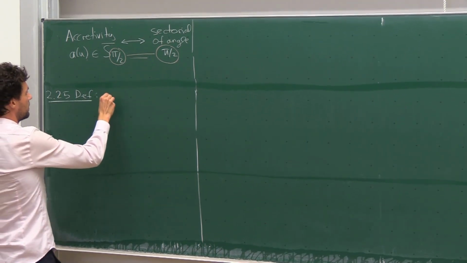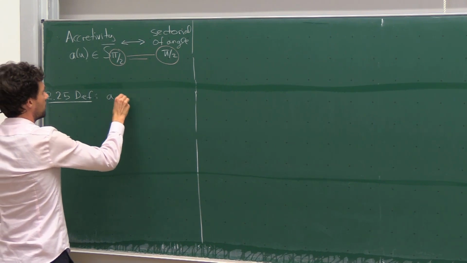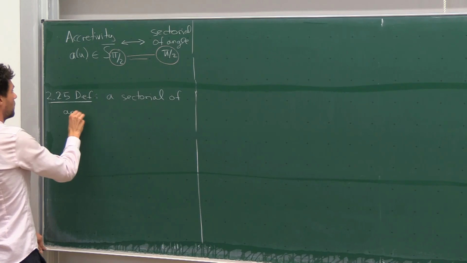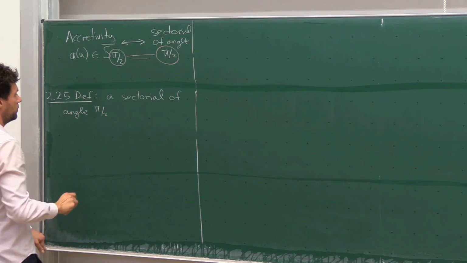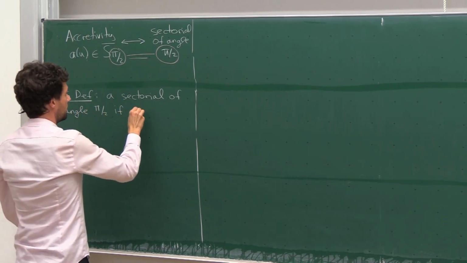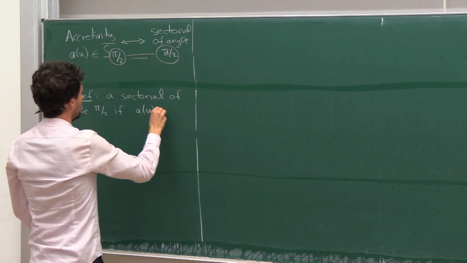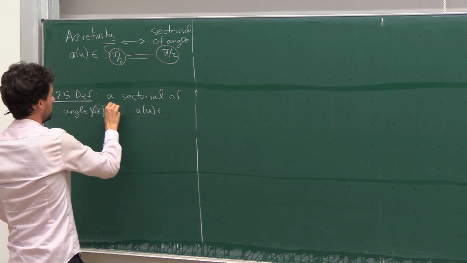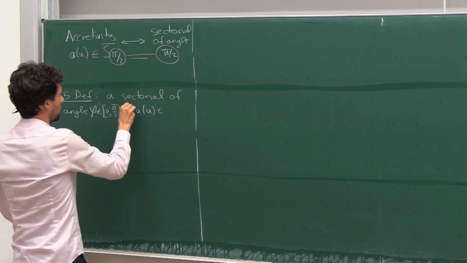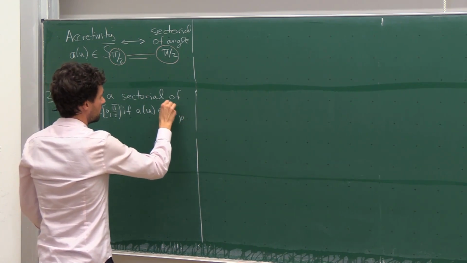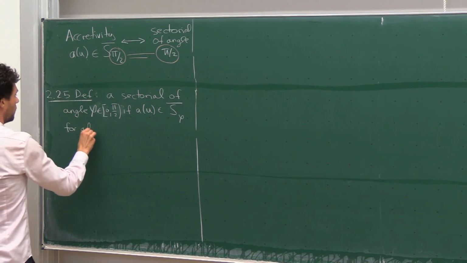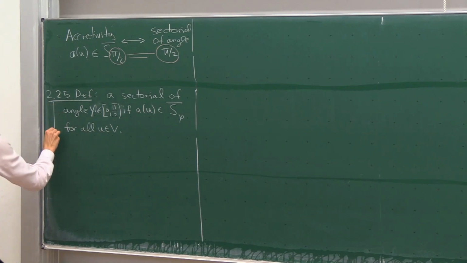Okay, so I'm saying that a sesquilinear form A is sectorial of angle phi, where phi is going to be between 0 and pi over 2, if the values of the quadratic form are all trapped in a sector of opening angle phi, and this should be, of course, for all u in V. Okay.